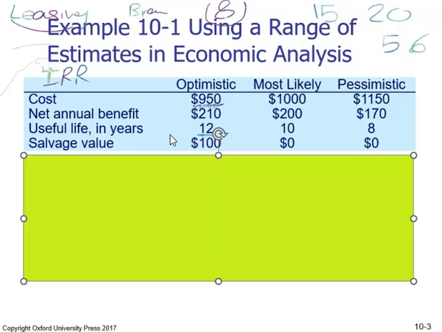So whatever you have learned before, you are using in this example. It is just management of what you already know. Another thing that you have noticed is that the internal rate of return for optimistic is the highest one, and after that most likely, and after that is the pessimistic one.